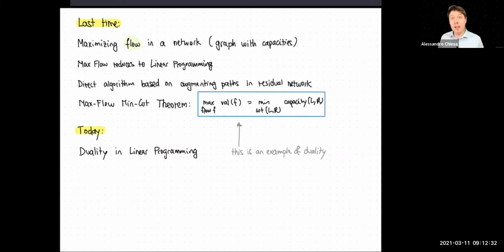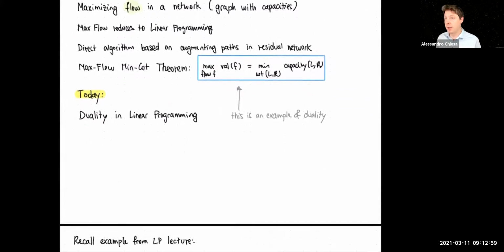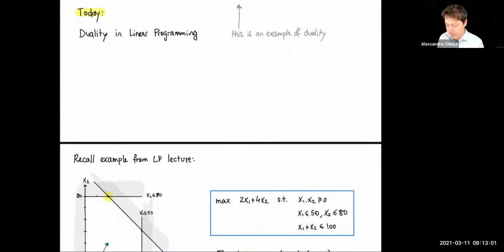But in general, for any linear program, we can define a corresponding dual, and you're going to have similar behavior where the optimum of the original program, if it exists, equals the minimum of the dual program. It will be primarily example driven with some general discussions, but we will not be proving duality in its full generality. That's something that if you're interested, you can look up for yourself.